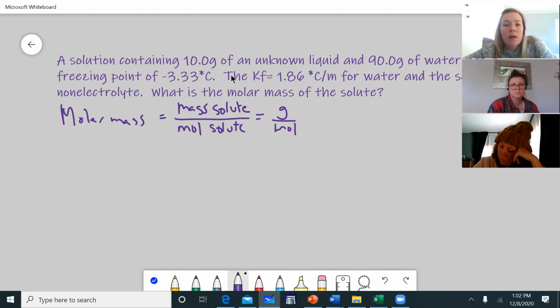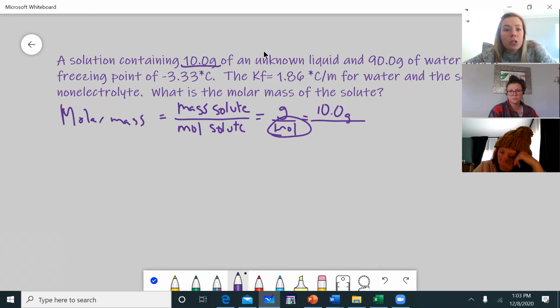Do we know grams of the solute? We do. That information is given to us right here. So right off the bat, we can just plug that in. We need to calculate moles of solute. So I'm given a bunch of information about KF and temperature change.